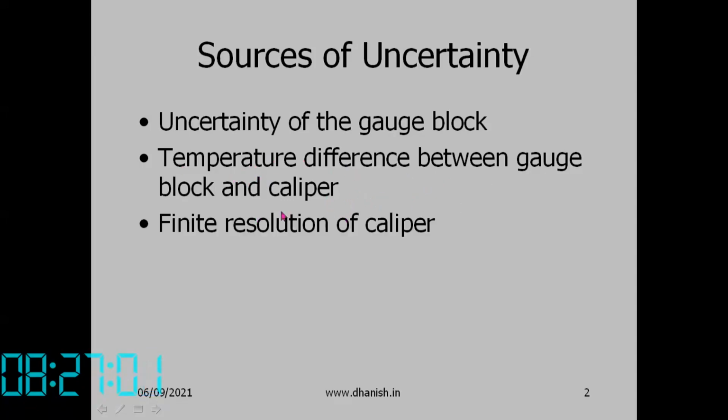So there is a temperature difference between gauge block and caliper. Gauge block will be at a certain temperature, caliper is at a temperature. If you are holding with the hand, heat will flow from your hands to the vernier and heat up the vernier. So that will cause expansion of the vernier. So it's the temperature difference which is important and not absolute temperature. Why?